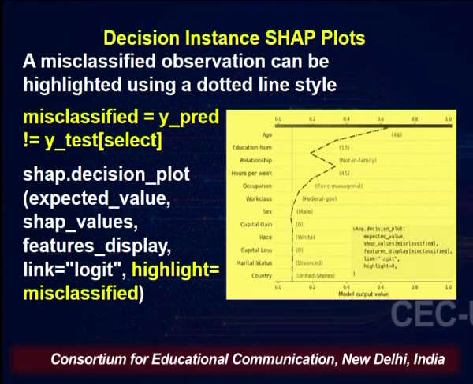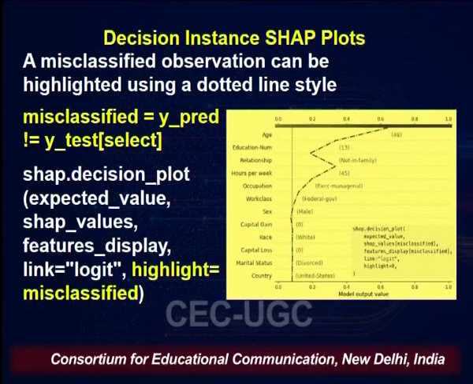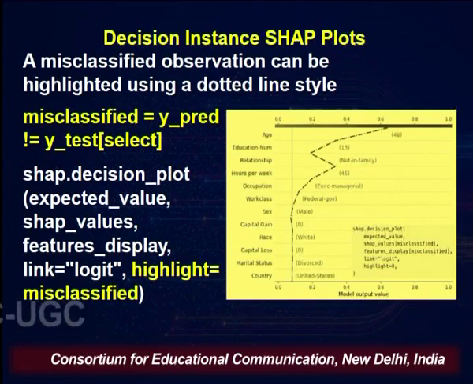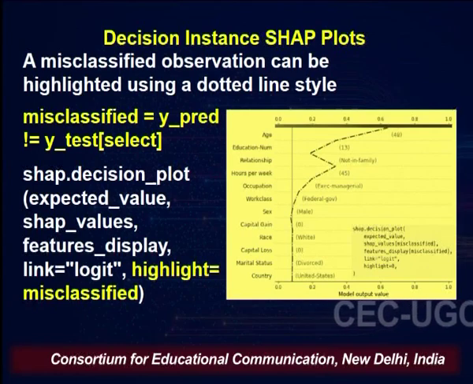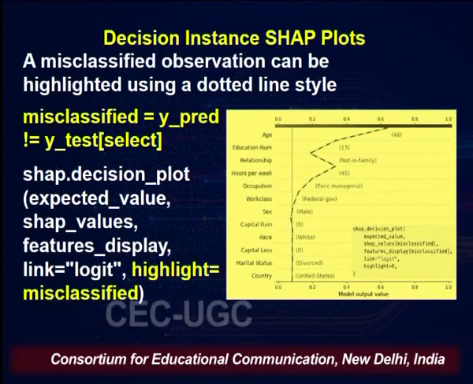So, in this case what we can do is first we find out the sample that is being misclassified by doing this equation: misclassified equals y predicted not equal to y test, and it could be the data frame or whatever data you are referring to.